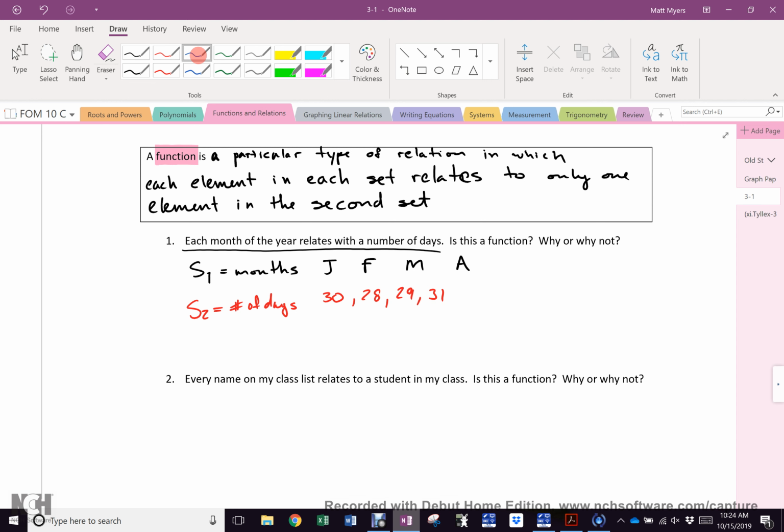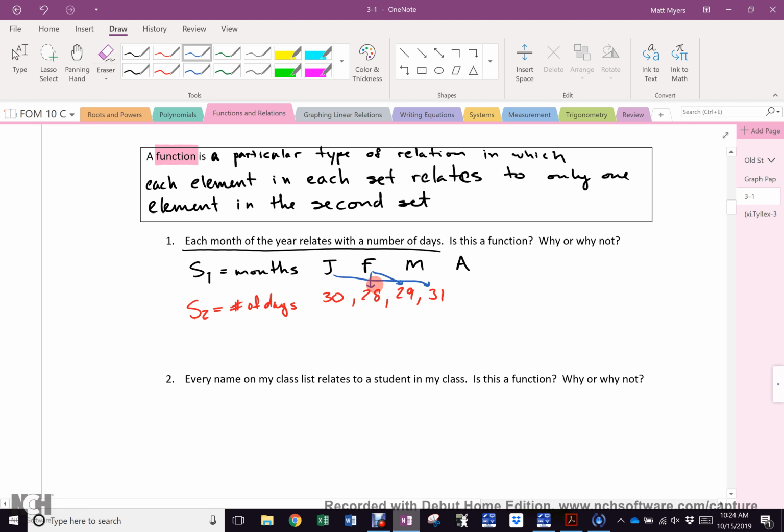January has how many days? 31. Is that a relation or a function right now? Does one element compare to only one element? So it's a function right now, yes? Okay. What about February? It could be 28 or 29.